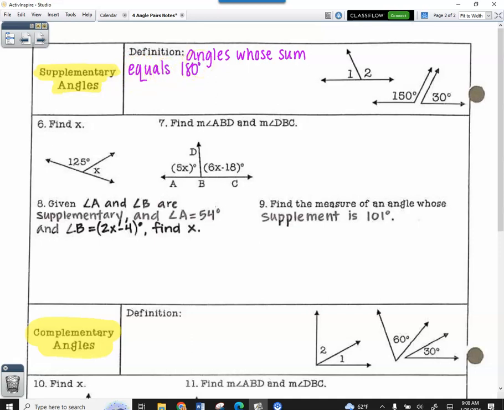Do you remember what sum means in math? S-U-M? Add. Supplementary angles are angles that add to equal 180. Angles that add to equal 180.